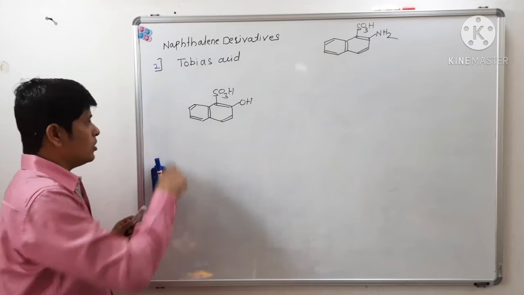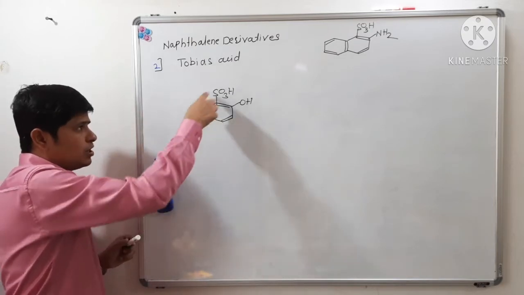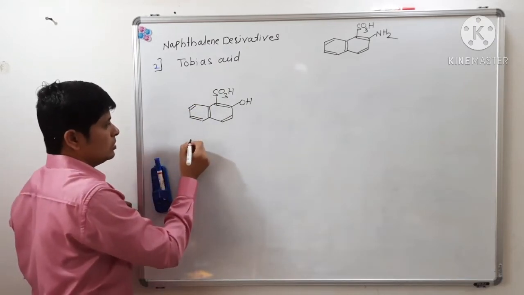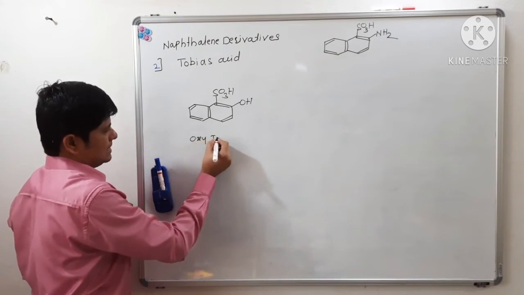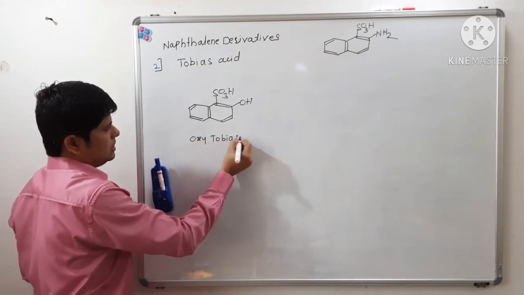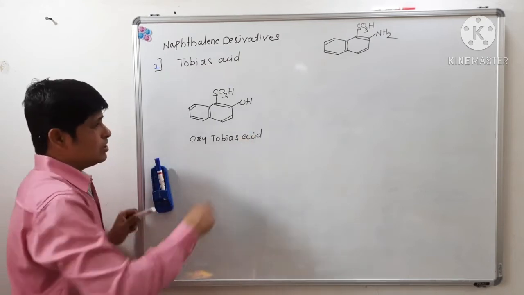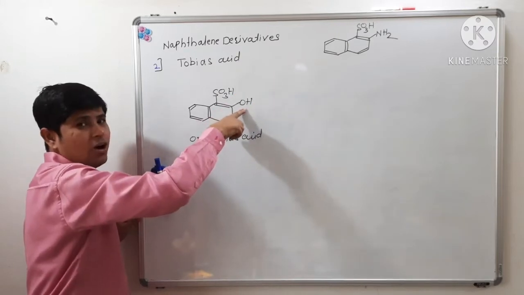2-naphthol, or beta-naphthol, on sulfonation at lower temperature gives 2-naphthol 1-sulfonic acid. This is oxy-Tobias acid. Why is it called oxy-Tobias acid? Because here the NH2 functionality is replaced by a hydroxyl group.